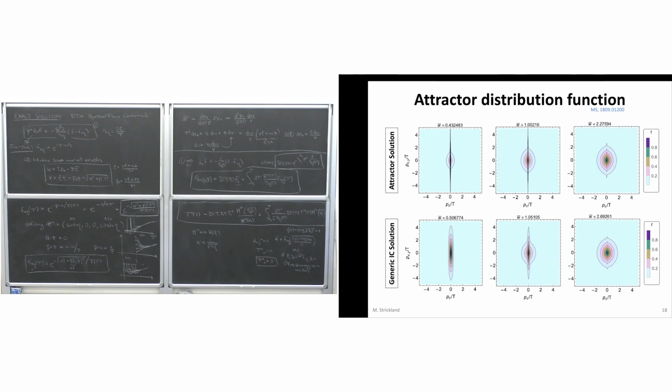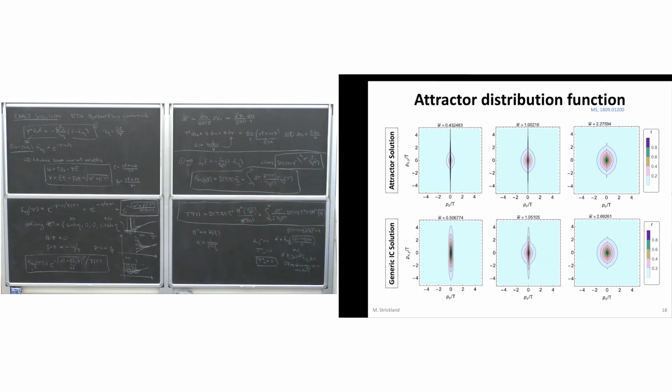Now, as a function of time, that feature becomes less and less pronounced. That's because this damping function goes to 0 when tau goes to infinity exponentially, and it turns off the free streaming part, and the other part takes over.